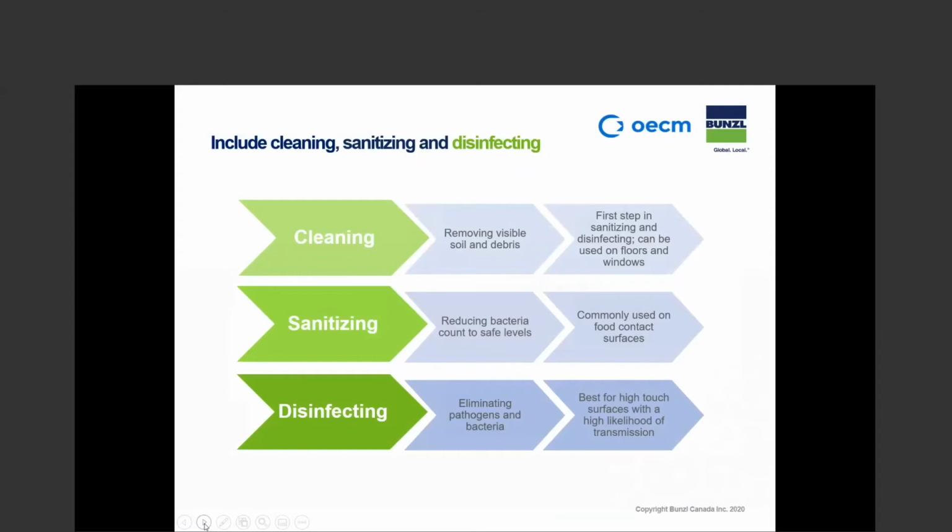And if we're only doing that, we would be, by Canadian definition, sanitizing, provided we got enough contact time for that particular disinfectant. And we need to be doing true disinfection on all these touch points daily. So the first part is the cleaning portion, and again, the term sanitizing applies there as well.